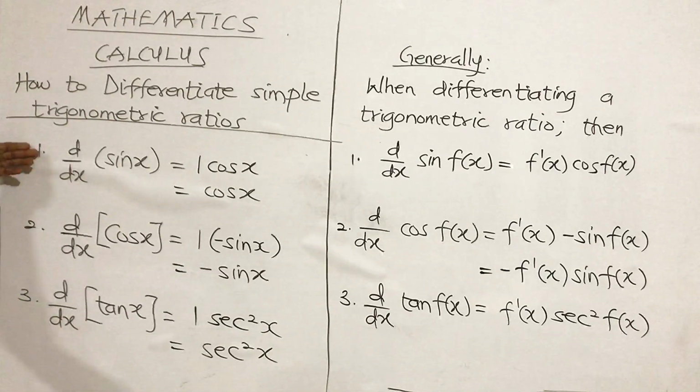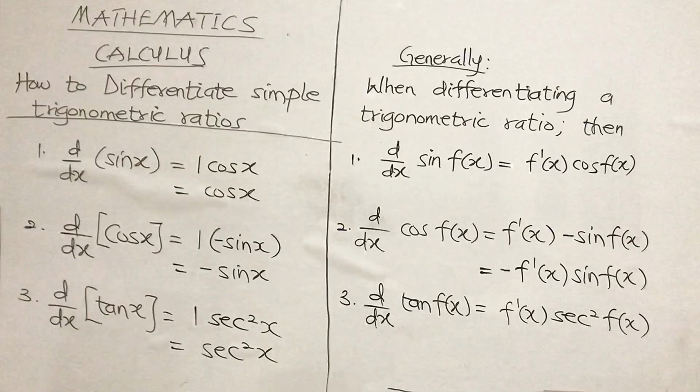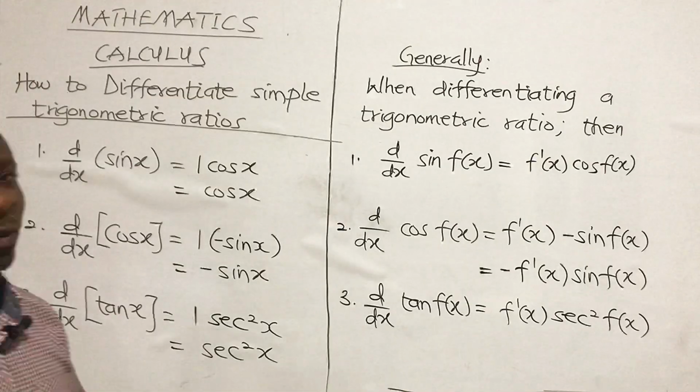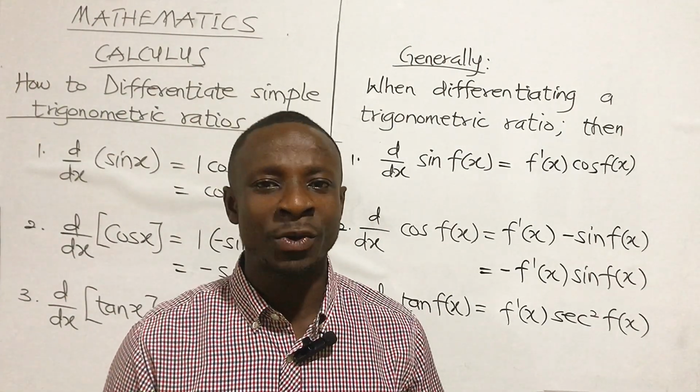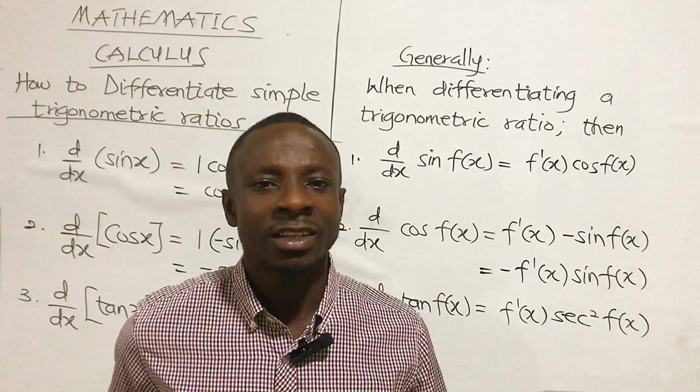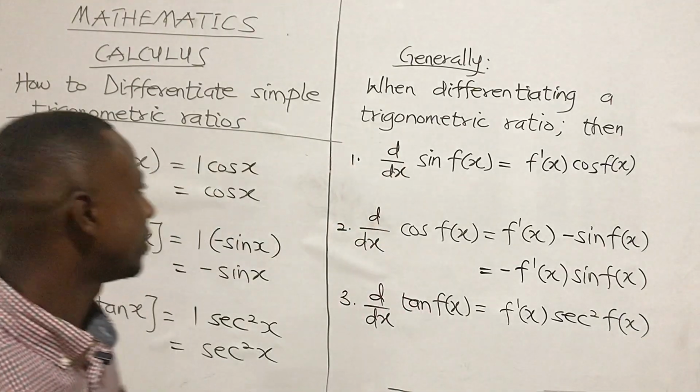So basically, from these three trigonometric ratios, when we differentiate, this is what we are going to get. So my fellow viewers, we are going to look at some examples and how they are solved. So join me on the board.